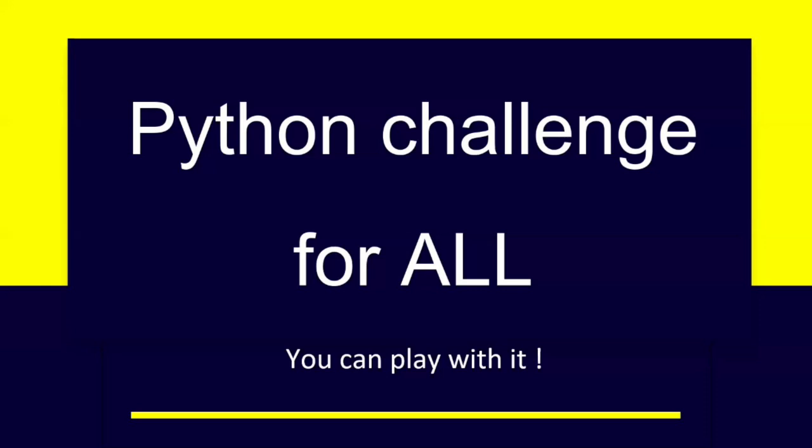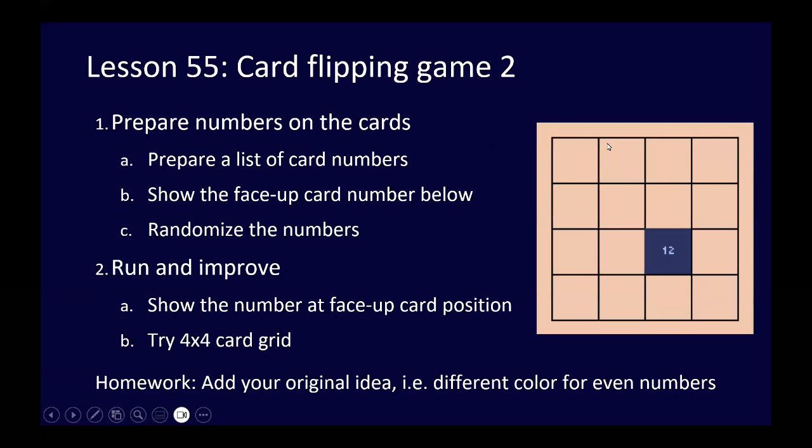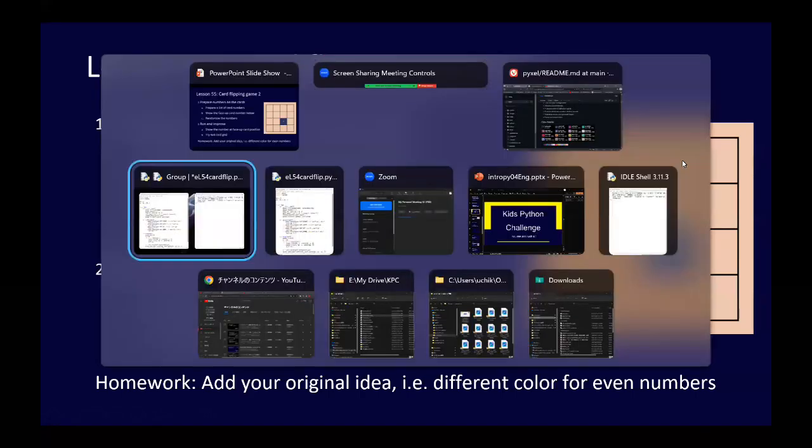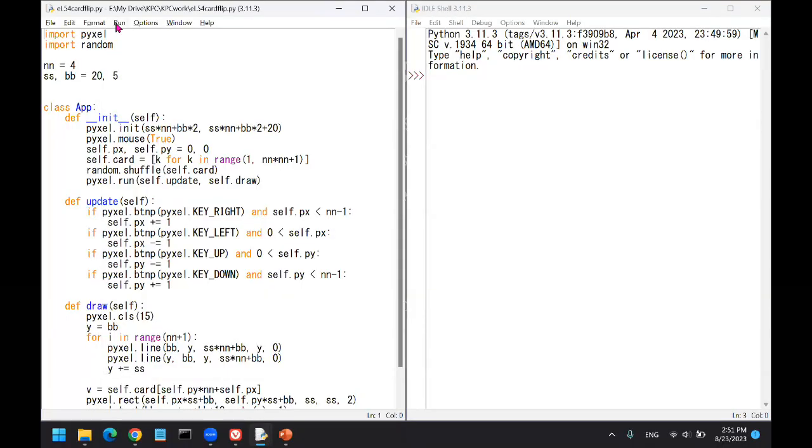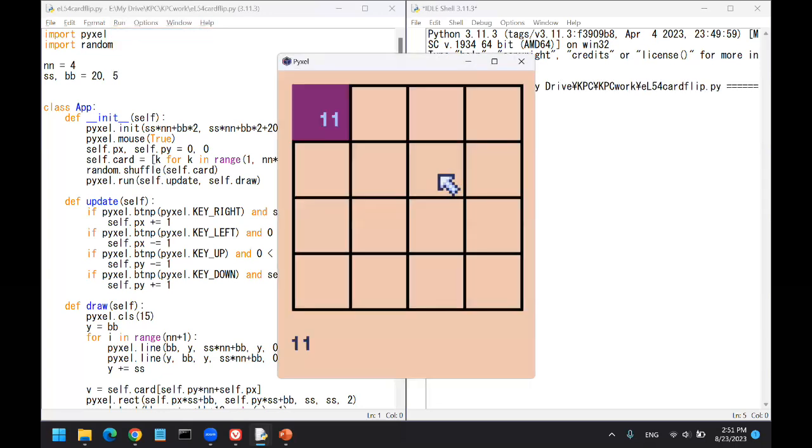Okay, so let's see what we did last time. Lesson 55, card flipping game 2. We made the grid of cards in which we can move the face-up card by the arrow keys, right? Let's see how we made it last time. So let's run it.